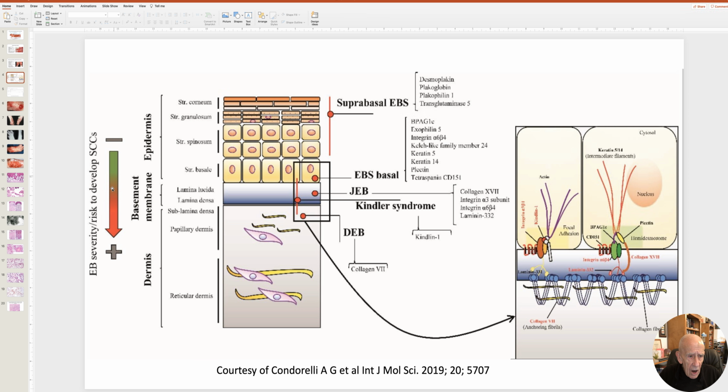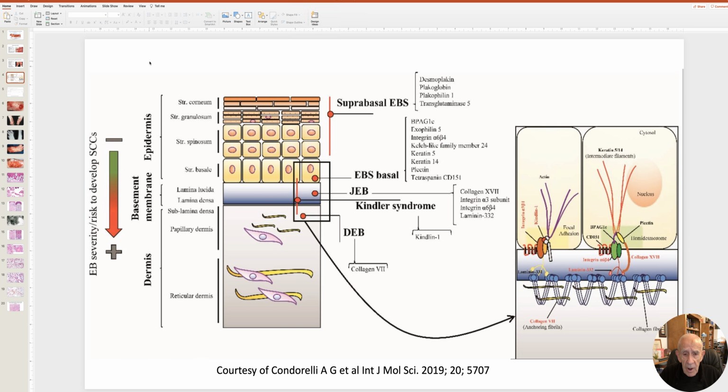There's a useful little arrow on the slide which shows the risk of developing squamous cell carcinoma, and the risk increases very markedly as you extend from epidermolysis bullosa simplex through junctional and into type 7 collagen.